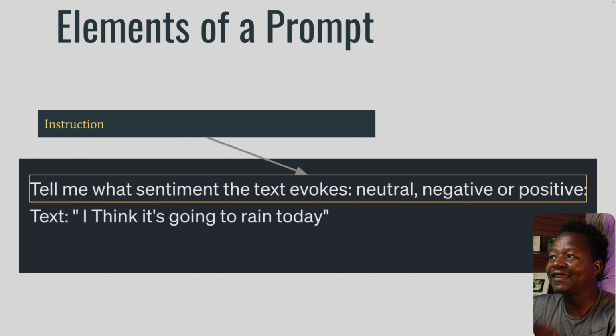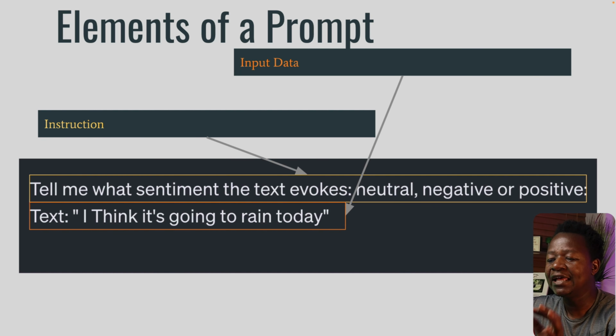This is what we call the instruction, because we're telling ChatGPT, hey, in general, do this task for me. And then we have at the bottom here the text which says, I think it's going to rain. This is what we call, in this case, input data. So we are actually adding some data to our input. We're saying, I think it's going to rain. That is what needs to be evaluated.